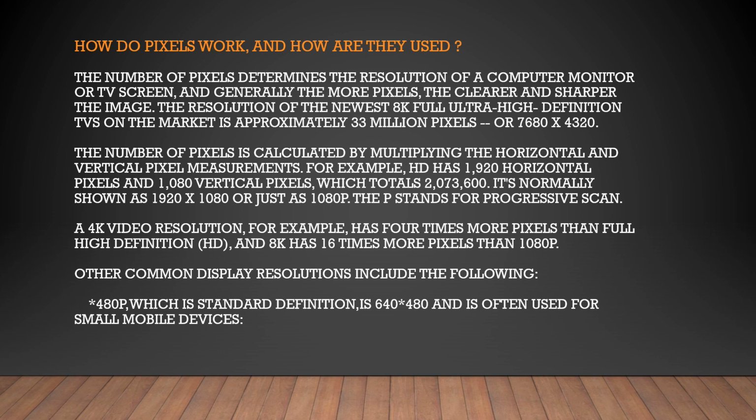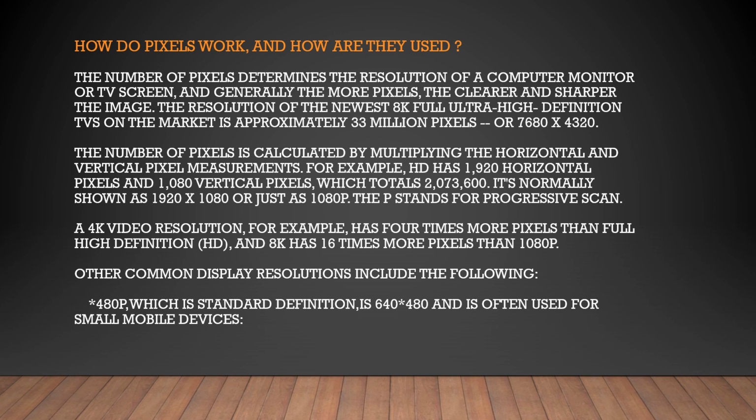The resolution of the newest 8K Ultra High Definition TVs on the market is approximately 33 million pixels, or 7680 into 4320. The number of pixels is calculated by multiplying the horizontal and vertical pixel measurements. Those I mentioned above, 7680 into 4320, are the horizontal and vertical measurements of the pixels.